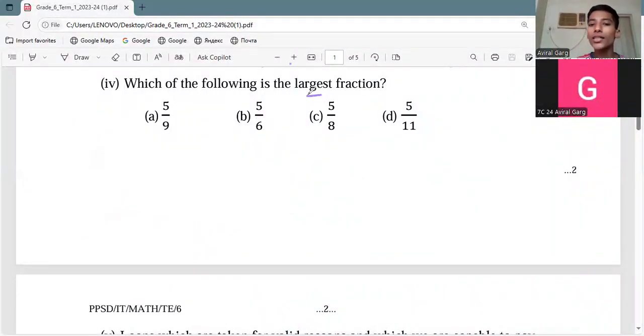Which of the following is the largest fraction? Now, the best thing here is all the numerators are same.